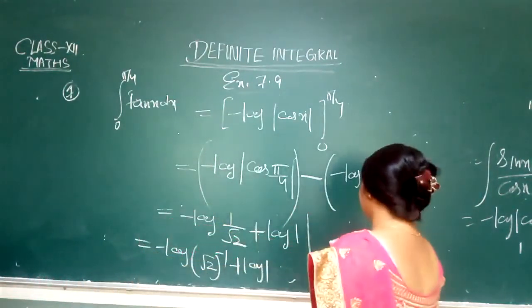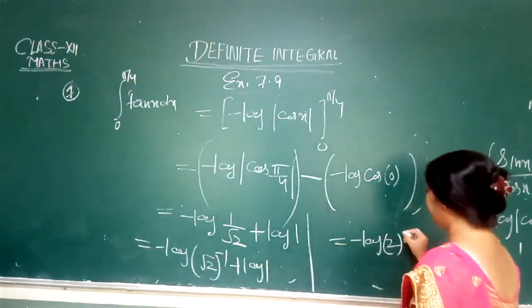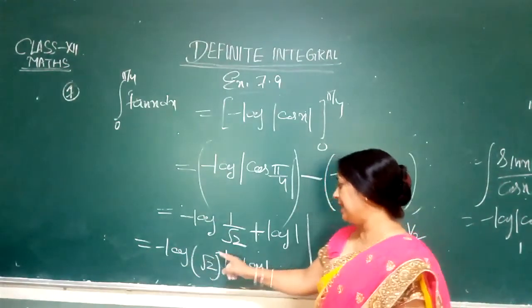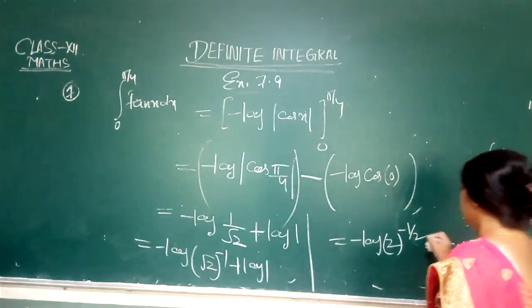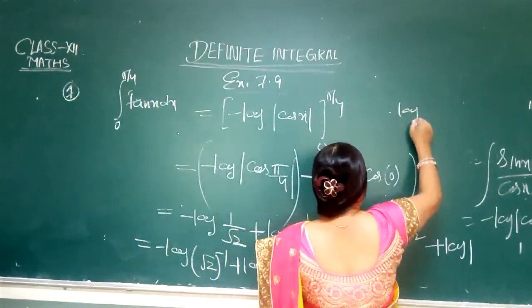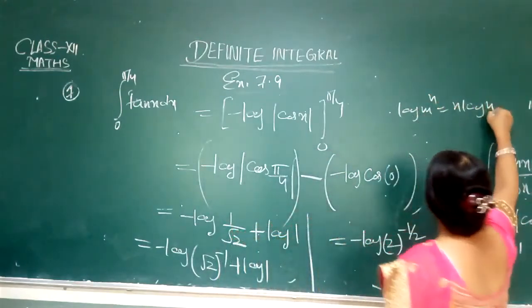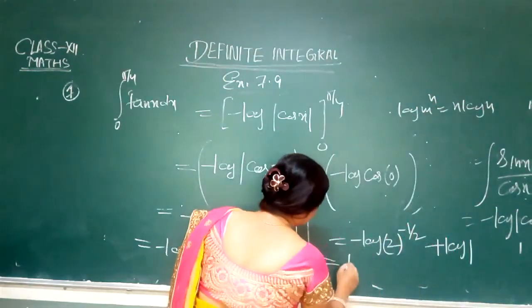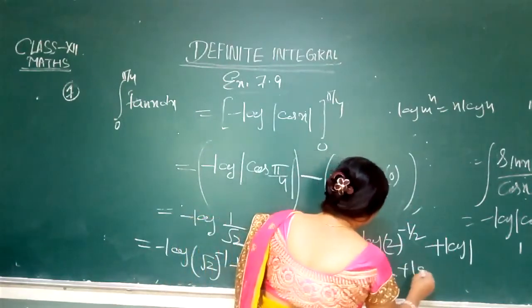After that we can write this minus log 2 raised to power minus half, because for root the power is half, so we can write here minus half plus log 1. You know the formula of log m raised to power n, that is n log m. We will apply this formula here. So it will come plus 1 by 2 log 2 plus log 1.